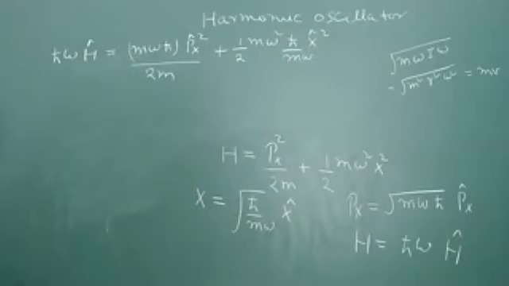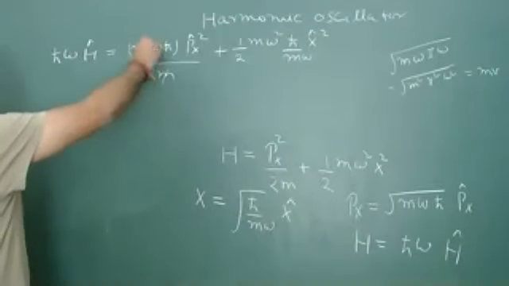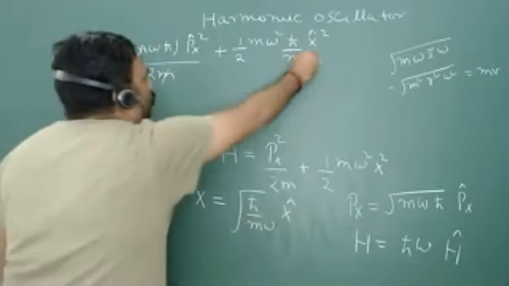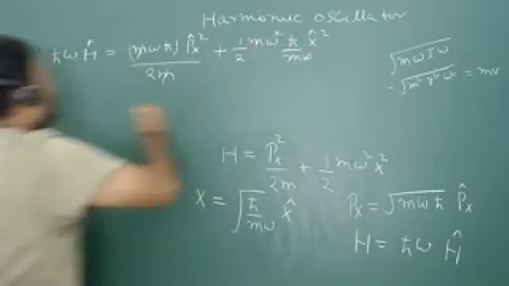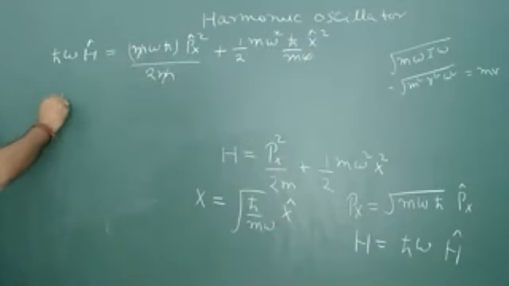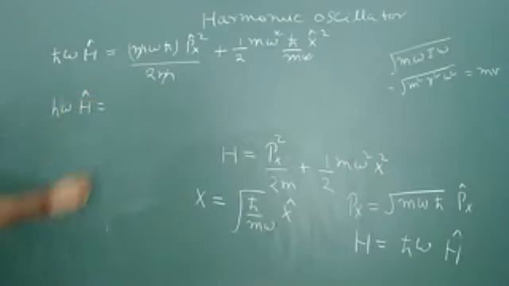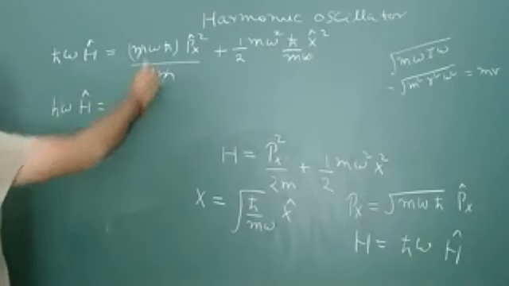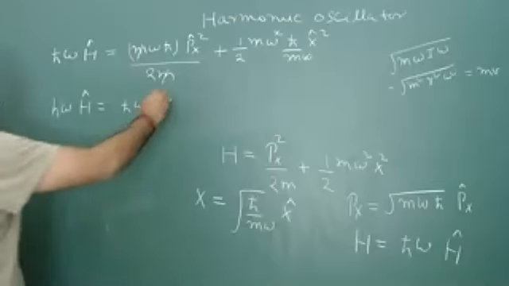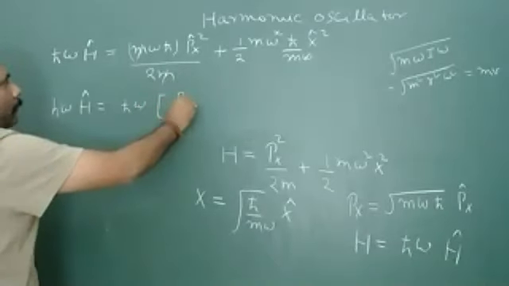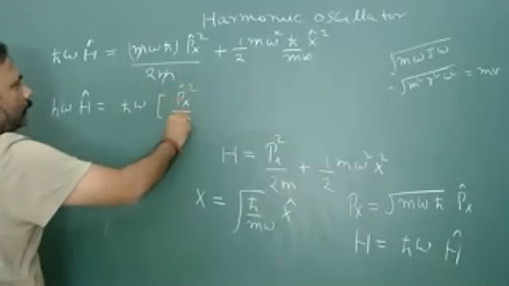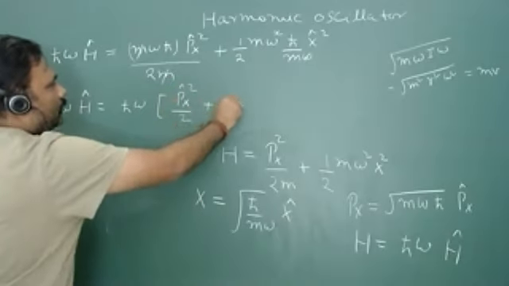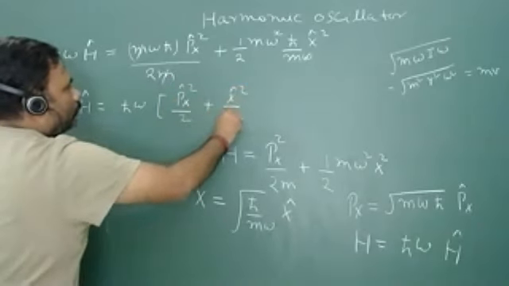The beautiful part is that this m cancels here, one omega and one m cancel here, and we get a very nice thing: h cut omega, which you can take common, times px cap square by 2 plus x cap square by 2.